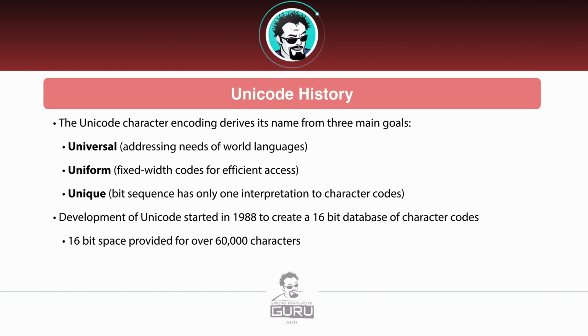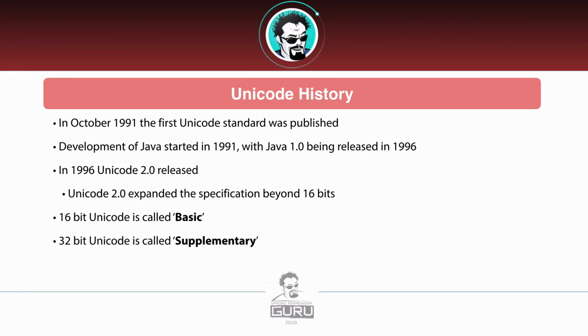Now, it started in 1988 to create a 16-bit database of character codes. And that 16-bit space provided room for over 60,000 characters. Now, in 1991, the first Unicode standard was published. And this is important because the development of Java also started in 1991, where 1.0 of Java was released in 1996.